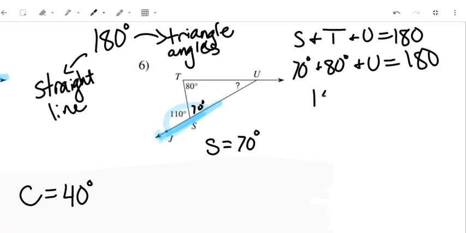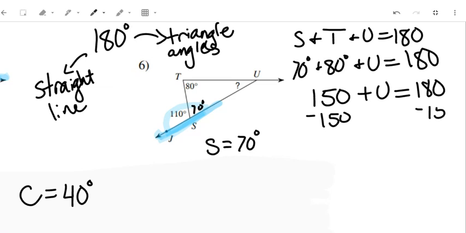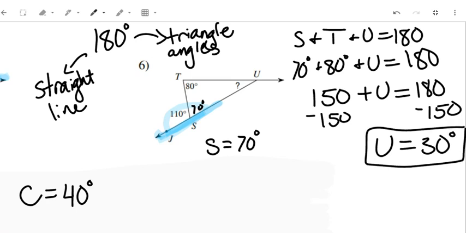Okay, so I know that 70 and 80 together make 150. So what's the missing amount here? You could do opposite operations here, try to move things away from your missing variable, which is U, or you can just do that mental math and determine that U has a measure of 30 degrees.